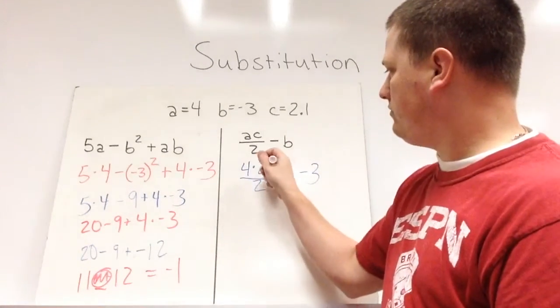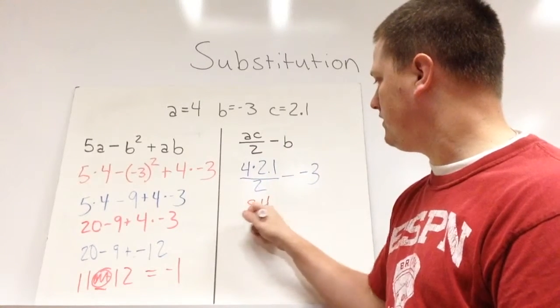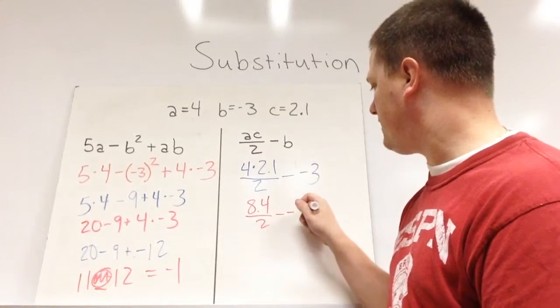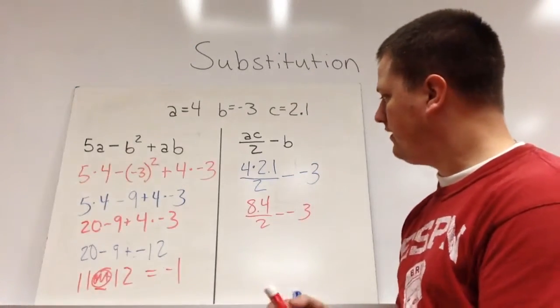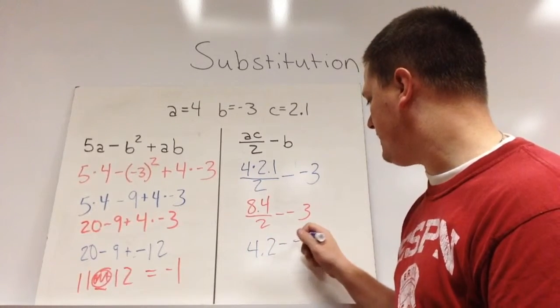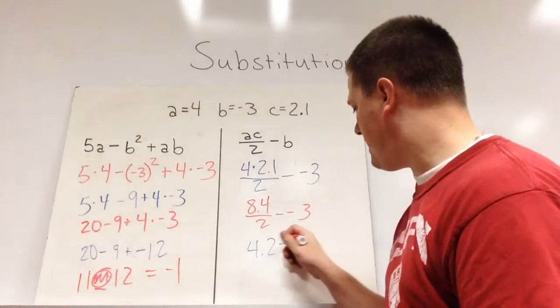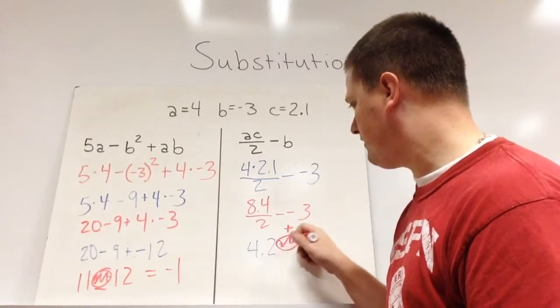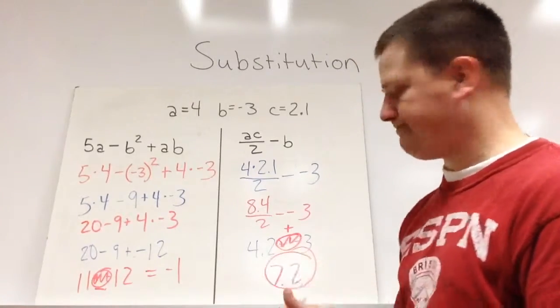So we've got to do this multiplication on top first. Going to give us 8.4 over 2 minus negative 3. Got to divide before we subtract. So that's going to give us 4.2 minus negative 3. Minusing a negative is the same as adding. So this is really 7.2.